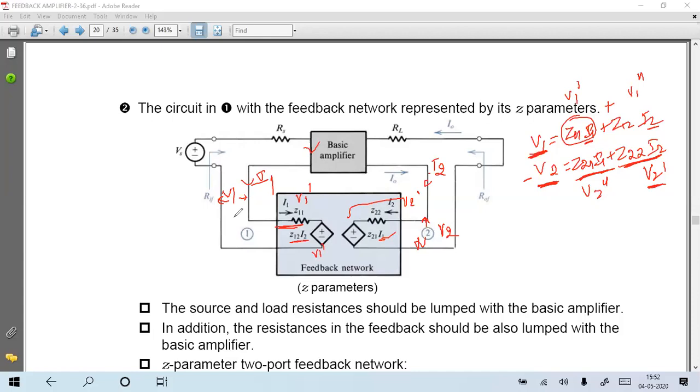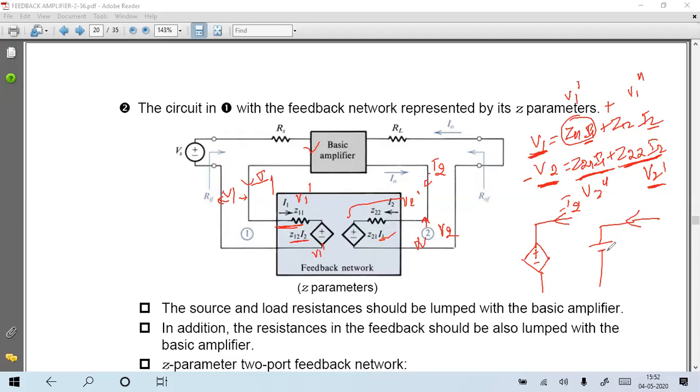Now we know that in a series network, if current and voltage are both there, which one is important? Current is important. If I know the current through the path is I2, the voltage is not considered. So here, with one voltage source and one current, I can eliminate the voltage.